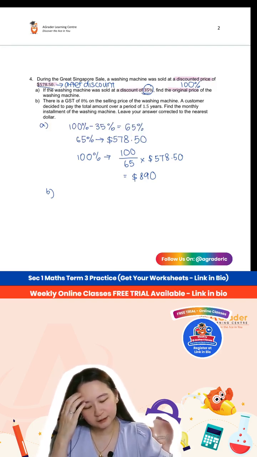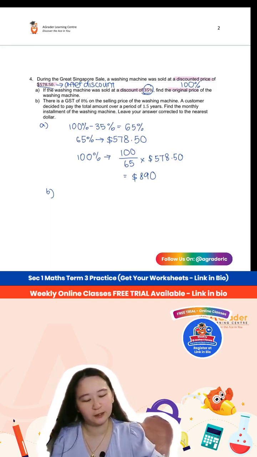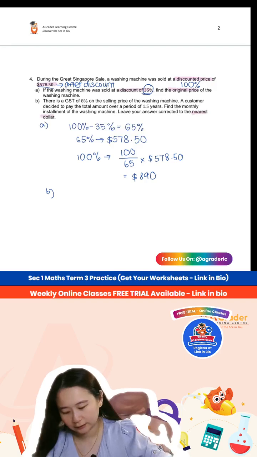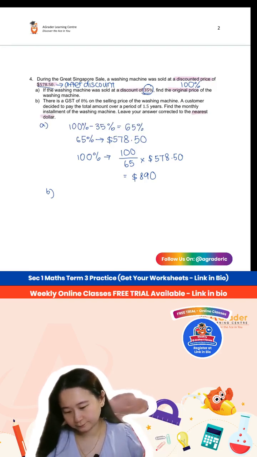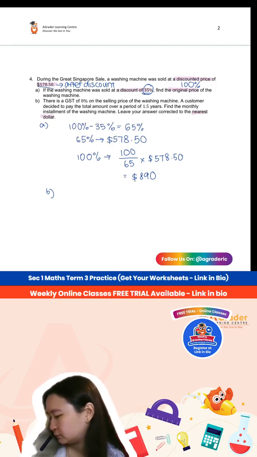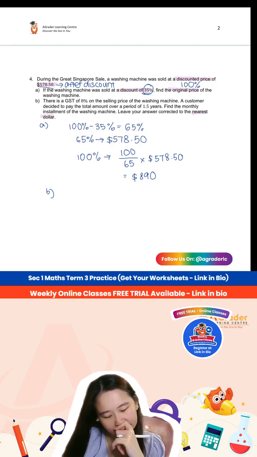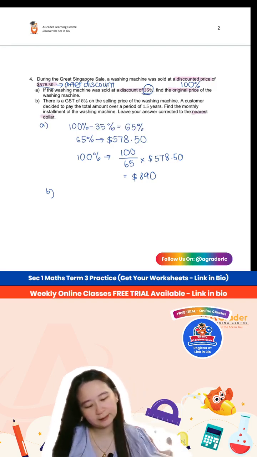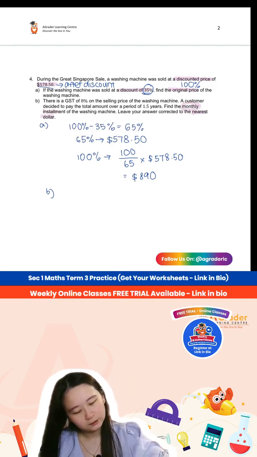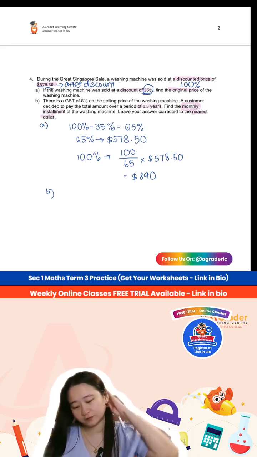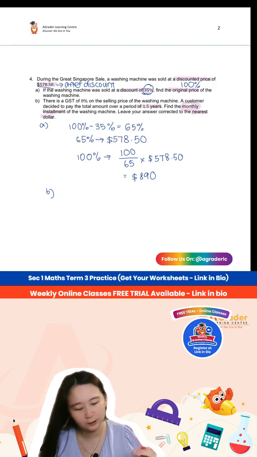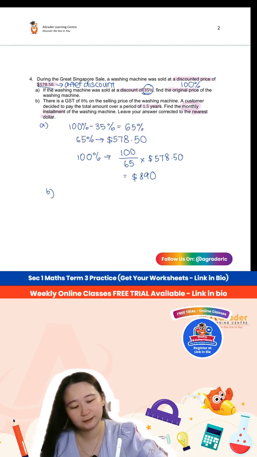Find the monthly installment of the washing machine and leave your answer correct to the nearest dollar. Okay, so it's a monthly installment. So this is 1.5 years. We have to convert this 1.5 years into the number of months.